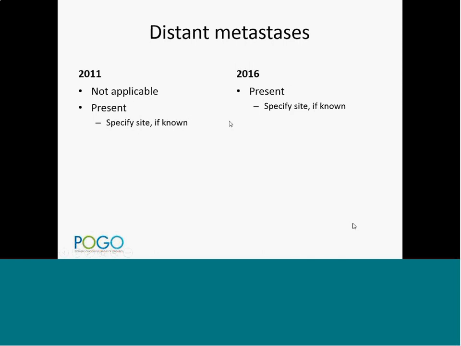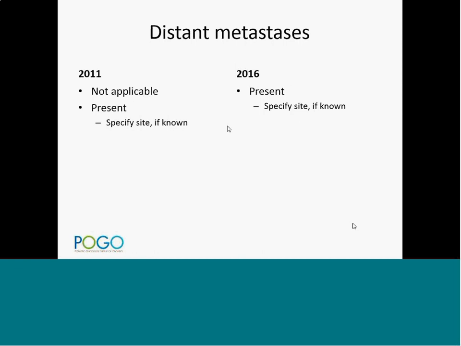basically we have smaller categories again, whether known or not. This is where I think we need, as pathologists, to collaborate with our radiological and clinical colleagues, because we don't necessarily know if there are distant metastases.